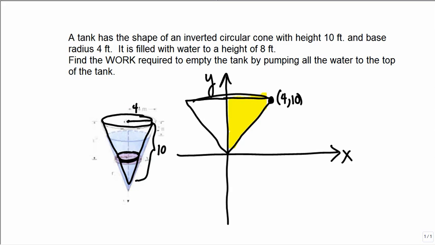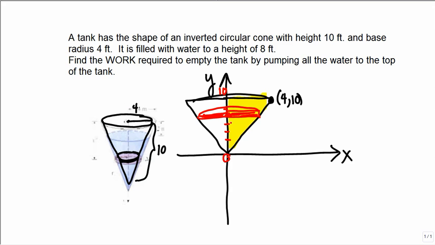Our main step is to subdivide from 0 to 10 into n subintervals, and we will put the typical rectangle. So we're going to rotate that rectangle about the y-axis, and we have a right circular cylinder.